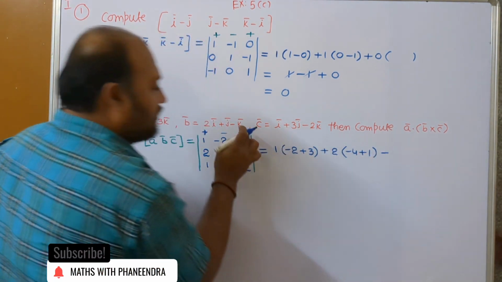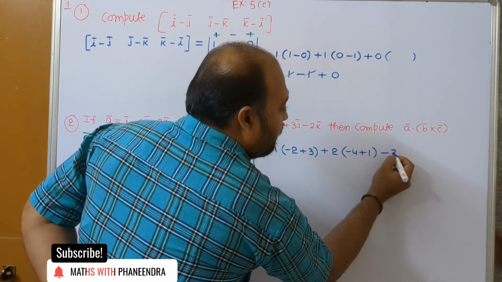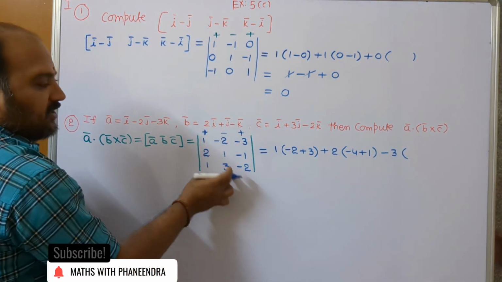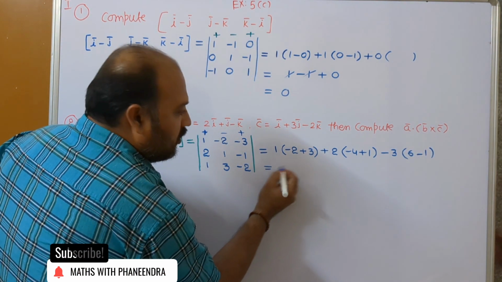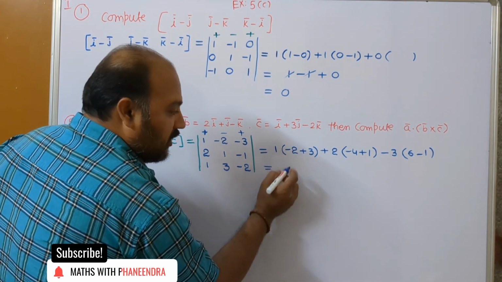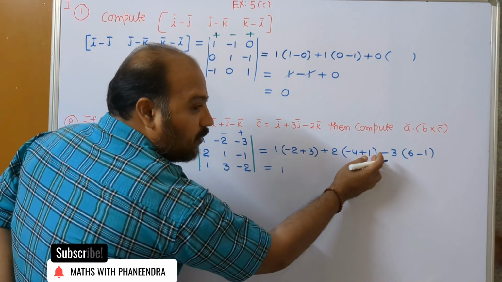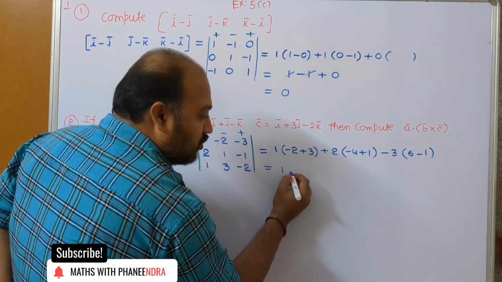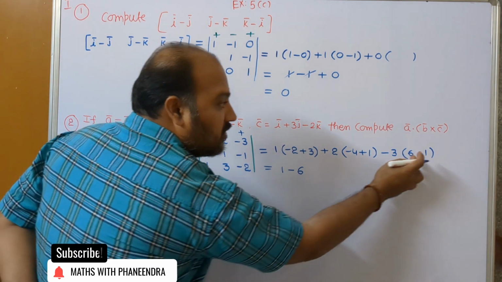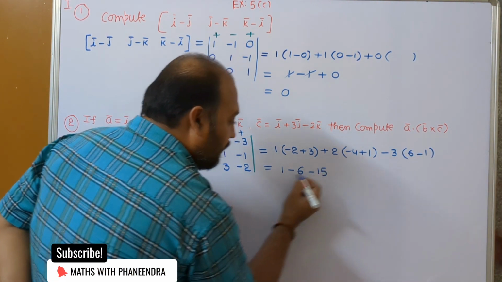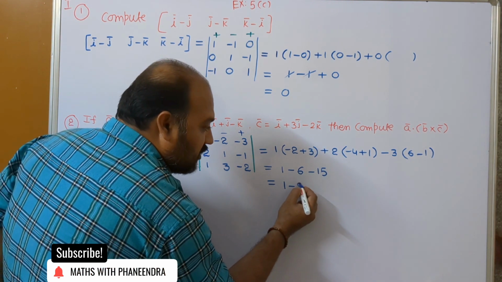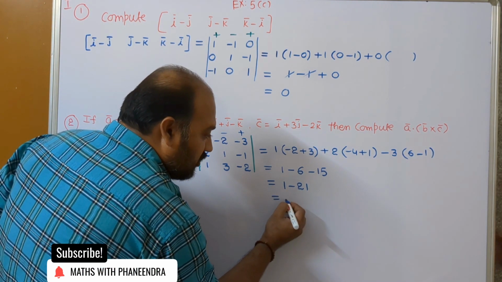Next, plus into minus 3 into (6 minus 1). So 3 minus 2 is 1, 1 into 1 is 1. Minus 4 plus 1, minus 3. Minus 3 into 2, minus 6. 6 minus 1, 5. 5 into minus 3, minus 15. So which is equal to 1 minus 21, which is equal to minus 20.